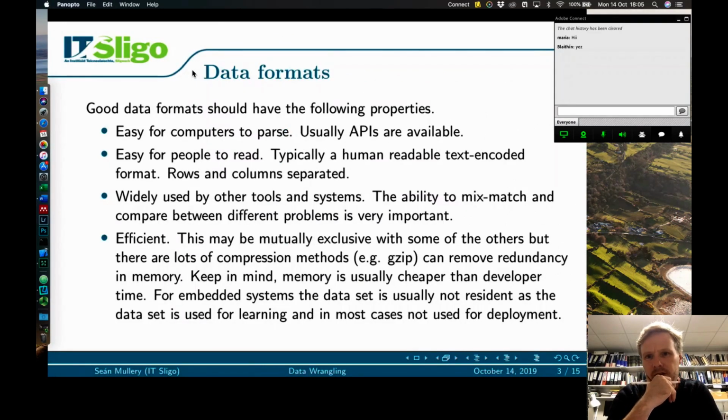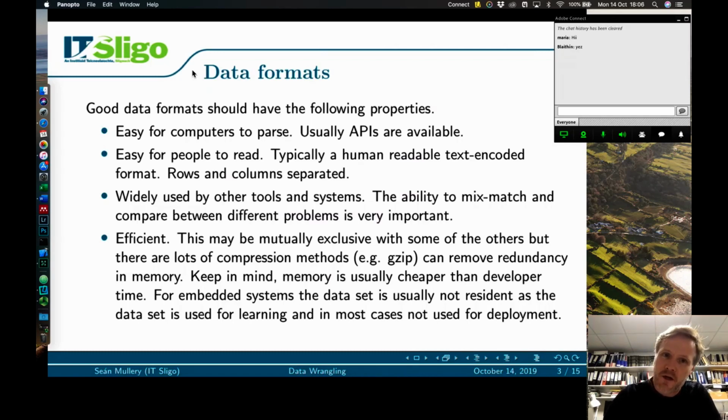The first thing we need to look at is the sort of formats that data might come in, because we obviously want to have somewhat of a consistent data format to be dealing with, so that we can then use them elsewhere. So good data formats should have the following properties. They should be easy for computers to parse. By parse, we mean a computer must be able to go through the data relatively easily to find the piece of information that it's trying to read in.